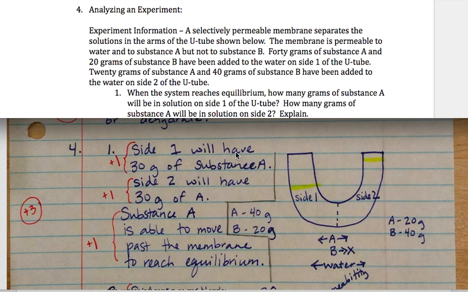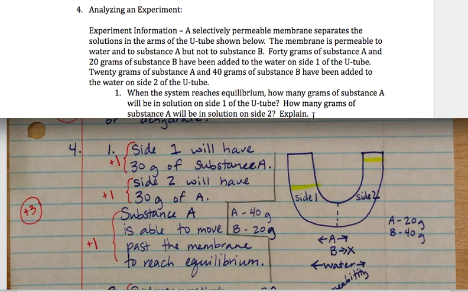And let's see. Oh, here we go. So 40 grams of substance A and 20 grams of substance B have been added to side 1 of the U tube. And then 20 grams of substance A and 40 grams of substance B have been added to side 2.